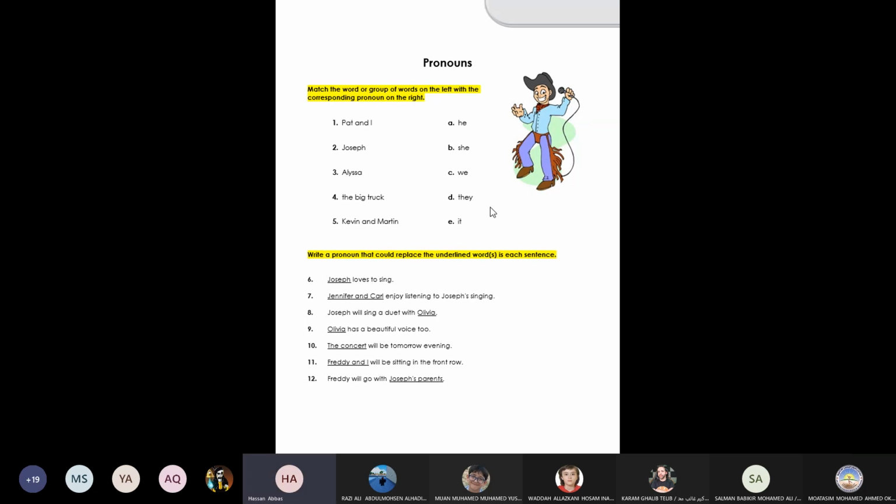Ziad and Yassine, read the head of the question, then match number 1. Okay. Match the word or group of words on the left with the corresponding pronoun on the right. That and I. We. This is according to the equation of today, guys.